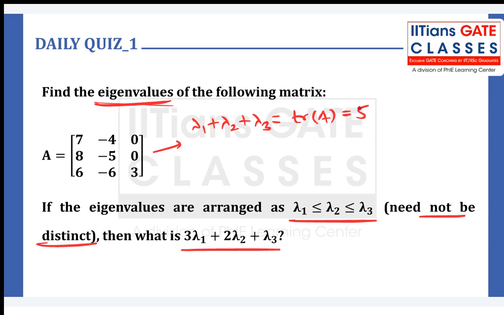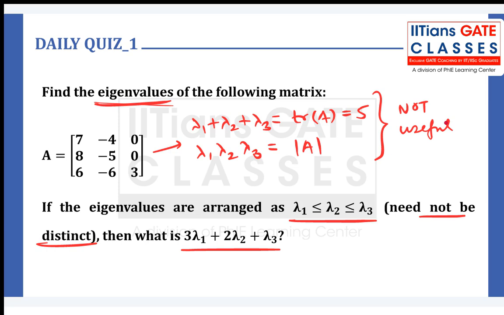Another property of eigenvalues is that the product of all the eigenvalues for a matrix is nothing but its determinant. But it is not possible to solve this question using these two commonly used properties. Why? Because you have 3 unknowns, lambda 1, lambda 2, lambda 3, and only 2 equations. So this is not a consistent system of linear equations, and you cannot find the solution here.